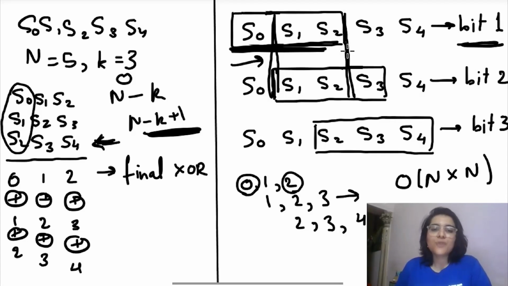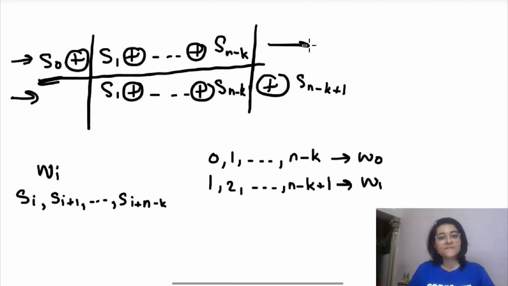Now we'll use some properties of XOR to ensure that we are removing the first element of the previous window safely. If this is our first window, then to get rid of the S0 for the second window, we would XOR this with an S0.